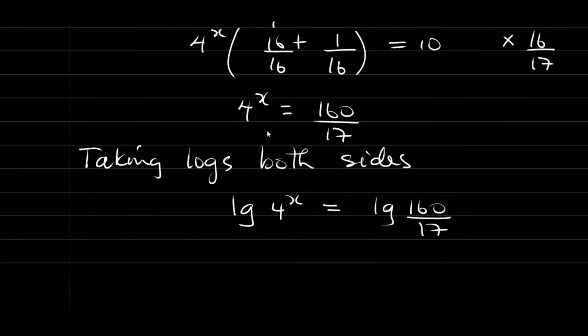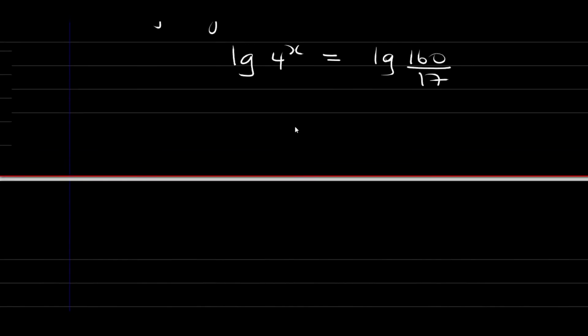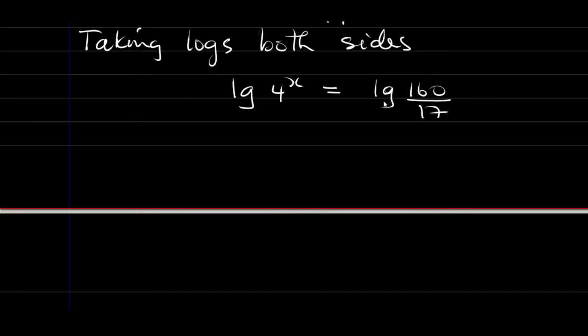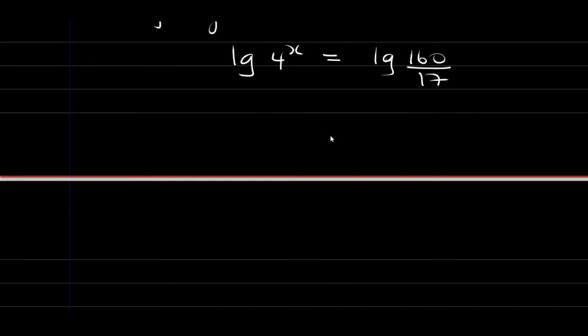Right, so what we need to do now is, well, I don't have to, or I can, separate this and bring this power down, and then do the division by the log of 4. So I'm just going to write it out. So x log of 4 is going to be equal to log of 160 minus log of 17.